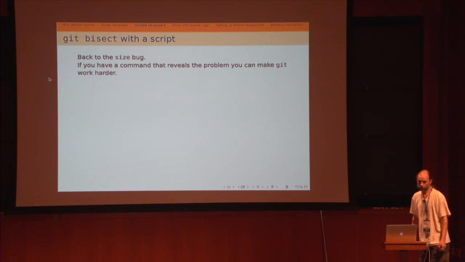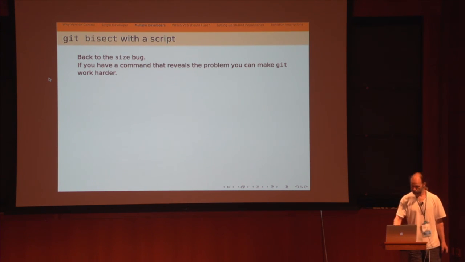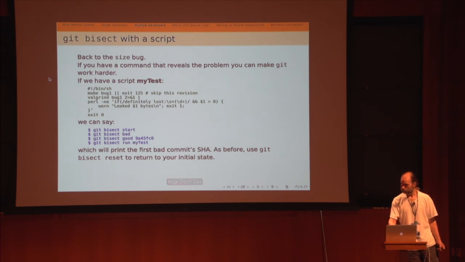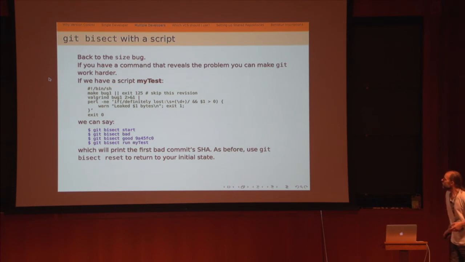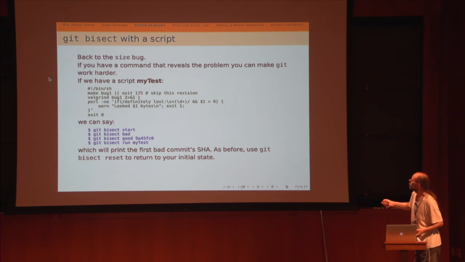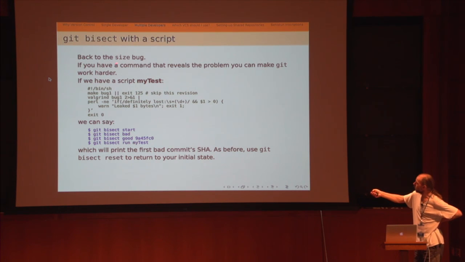Back to the size bug. If you have a command that reveals a problem, you can even make git do the work. I would revert to the previous thing, so git checkout HEAD~ will get you back to that. So if we have a command that reveals the problem, I can write a script that says make bug 1, run valgrind, search for this, right?